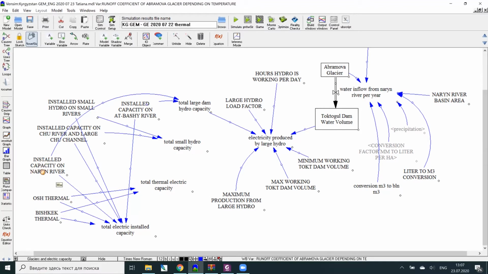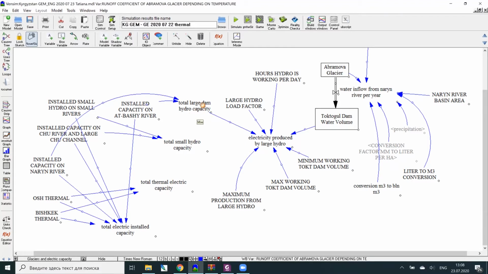So the main point here, we have our installed capacity on Naryn River, and some of the stations are planned. Kambarata 2, for example, is the closest in planning to be built, is also on Naryn River. So we are very much dependent for our hydroelectricity resources on Naryn River. And of course, these are all dam hydros.